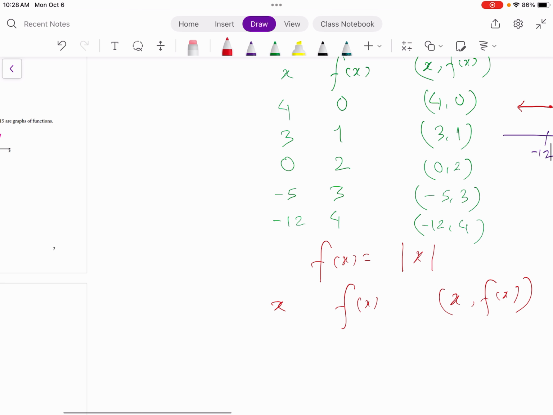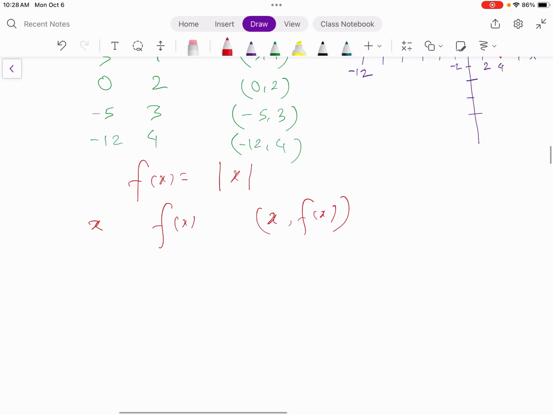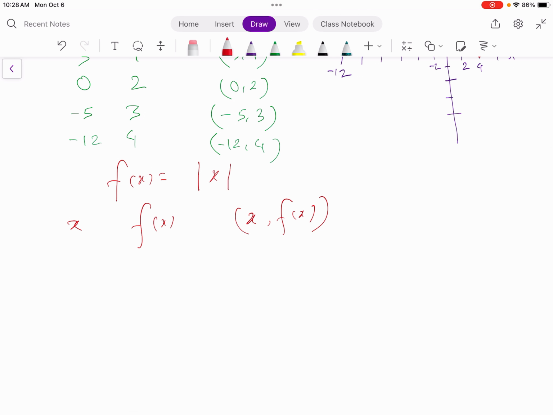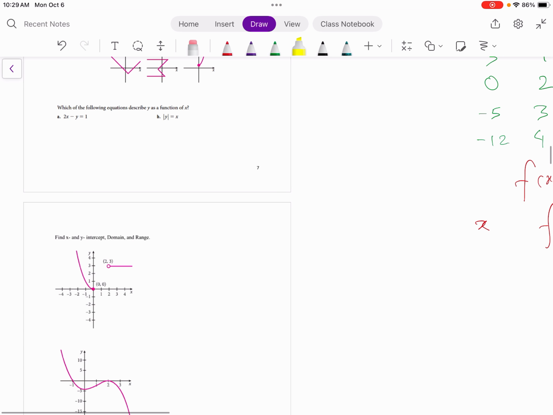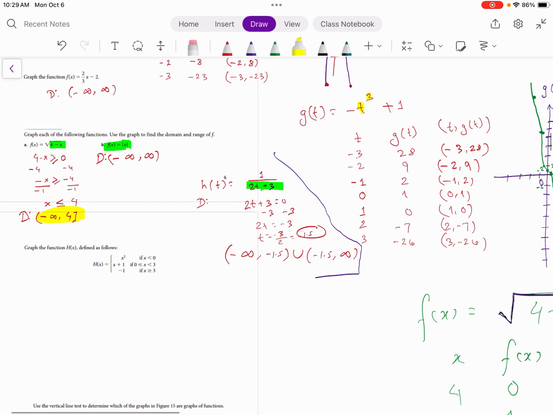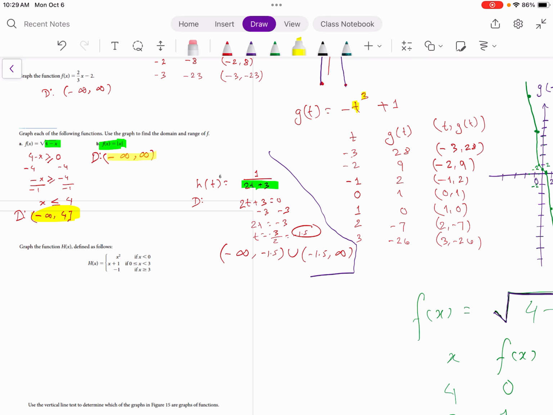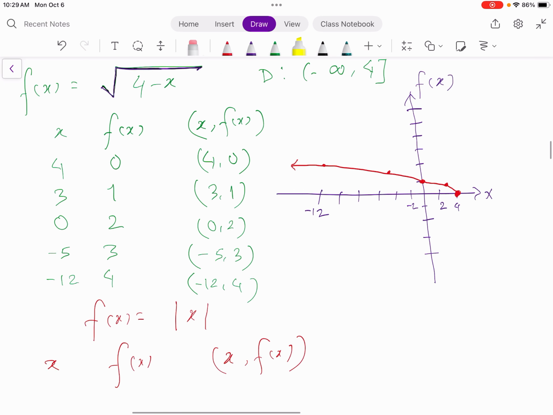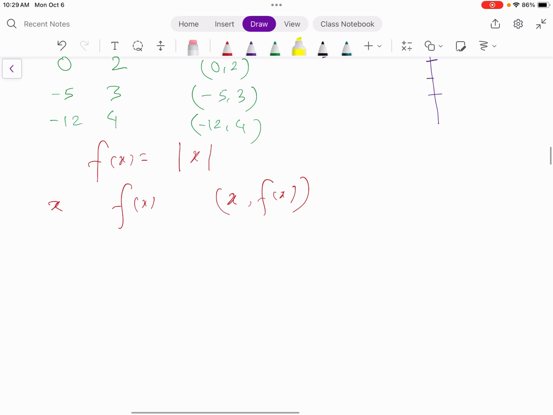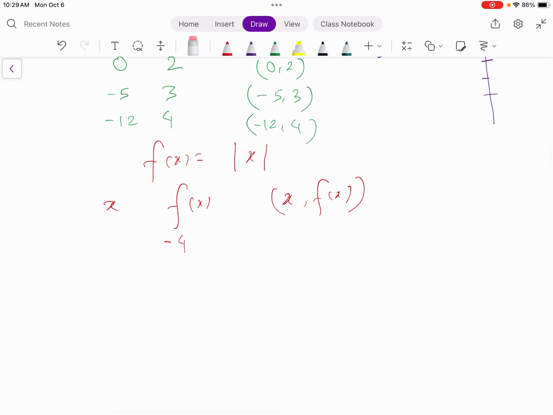Okay, now here we have an absolute value function. Now what is the domain for this function? We did find the domain, right? So for this, all real numbers are the domain. It means we can pick any number as an input. So let me pick x equals -4.